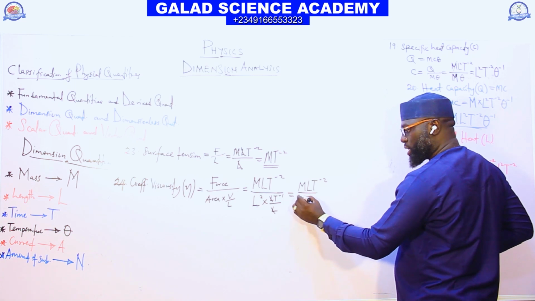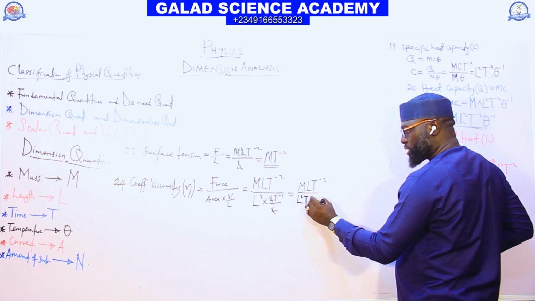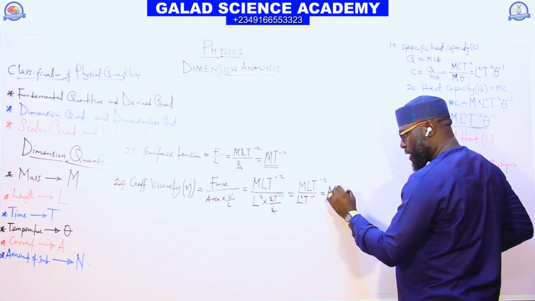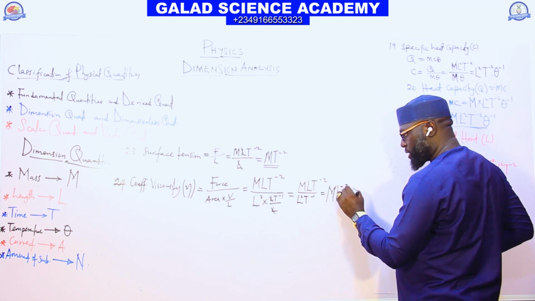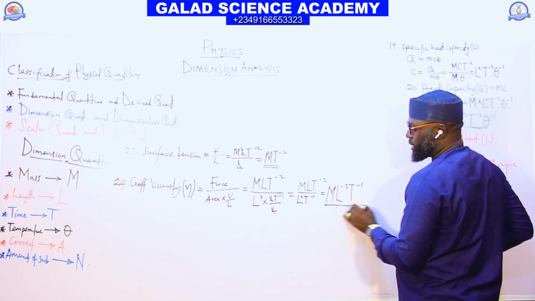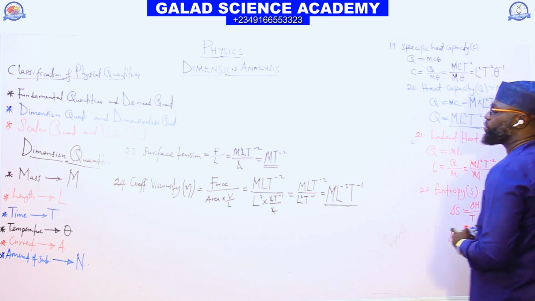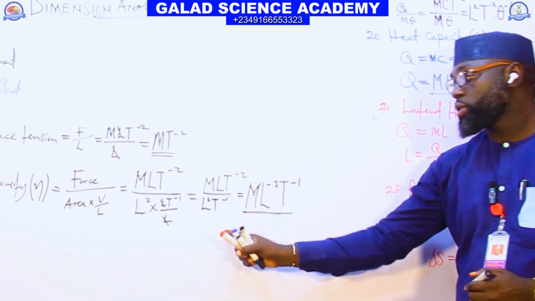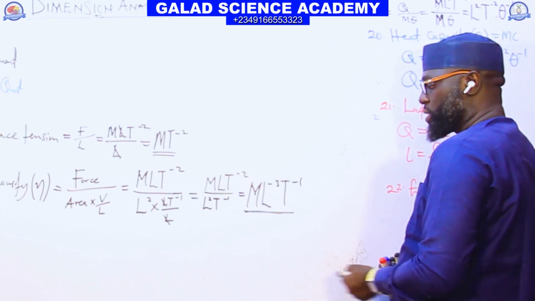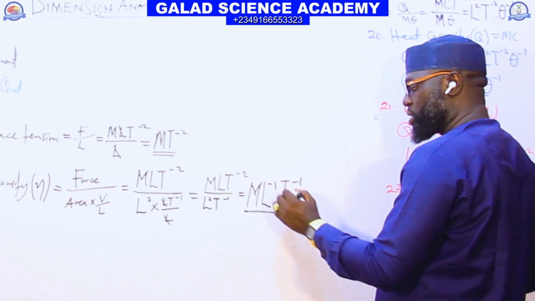We are left with L squared T to the minus 1, to give you M L to the minus 1 T to the minus 1. This is the dimension for coefficient of viscosity. When L goes up, it becomes minus 2, minus 2 plus 1, it will be minus 1.